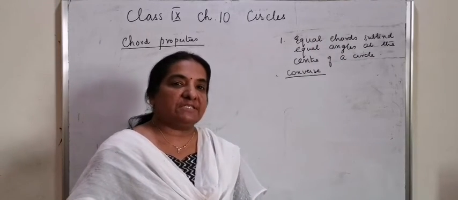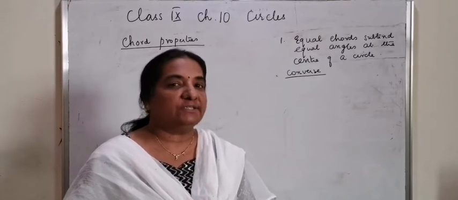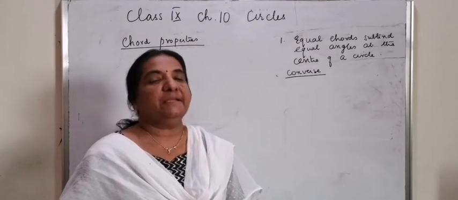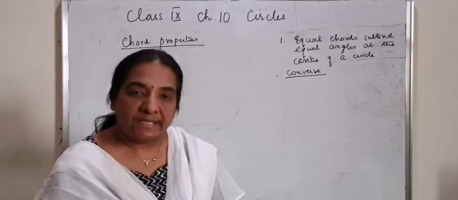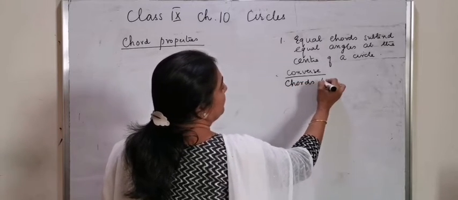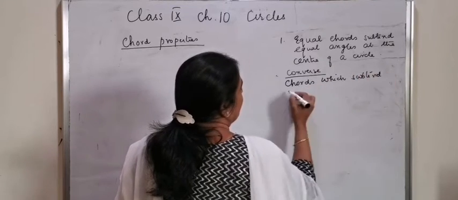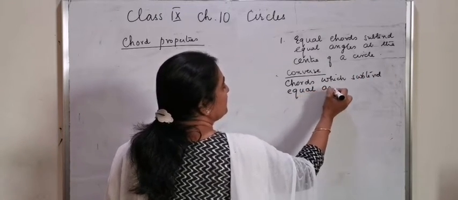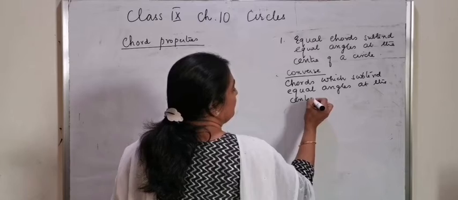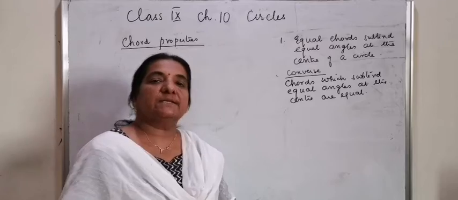That means if you have a circle in which AB and CD represent two chords, and angle AOB is equal to angle COD, then immediately AB and CD are also equal. So that is property 1 and its converse.